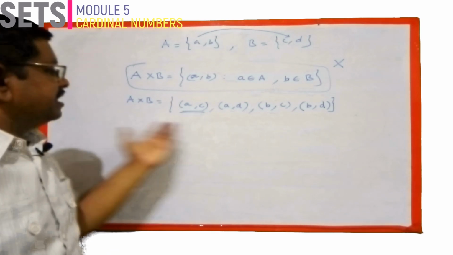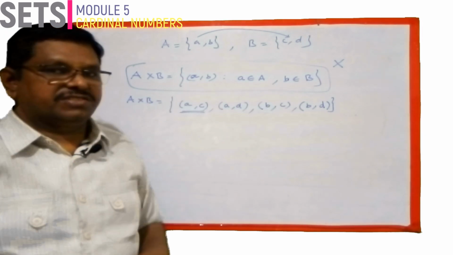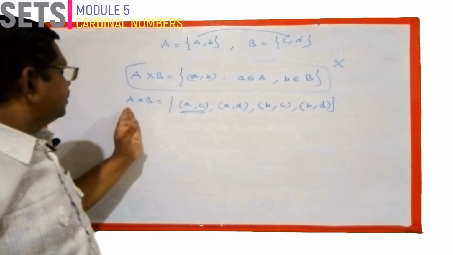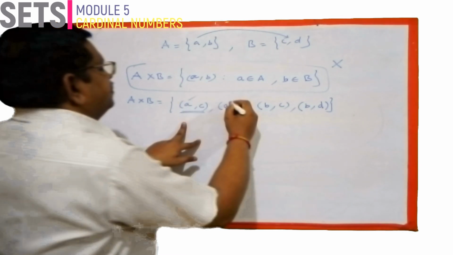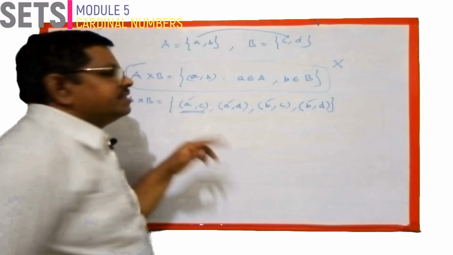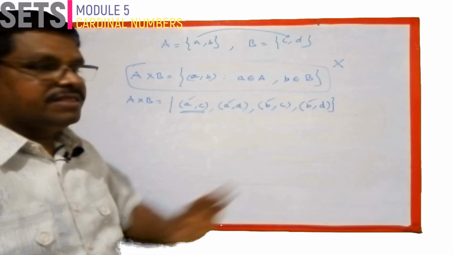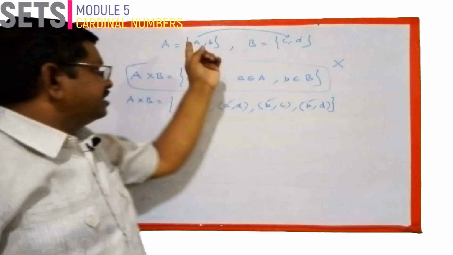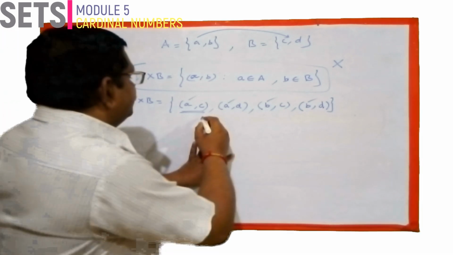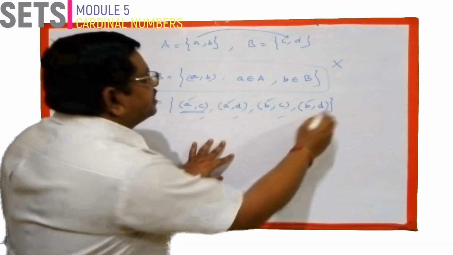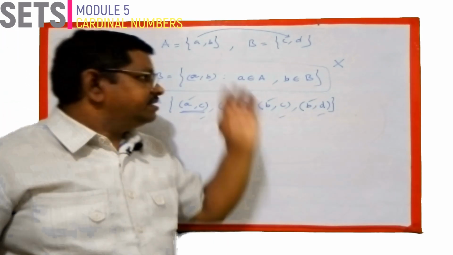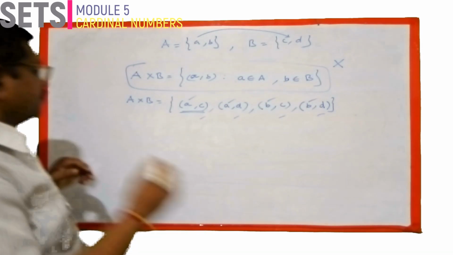Like that we are getting 4 different elements. Here A, A, B, B: these elements are taken from set A. C, D, C, D: these elements are taken from set B. Now we will get one doubt, sir.